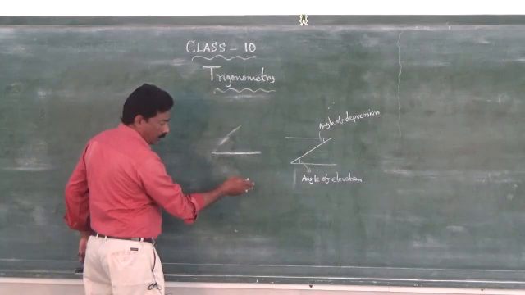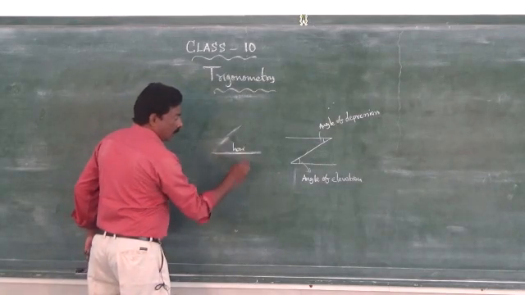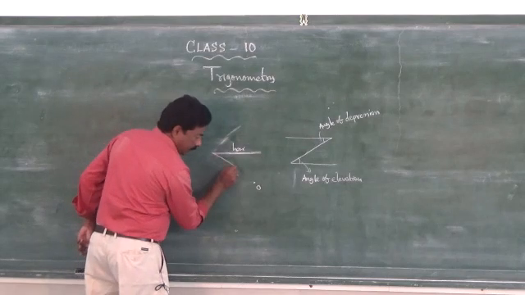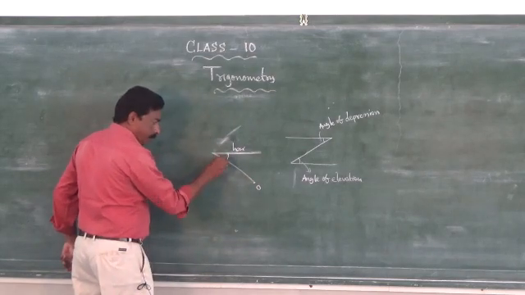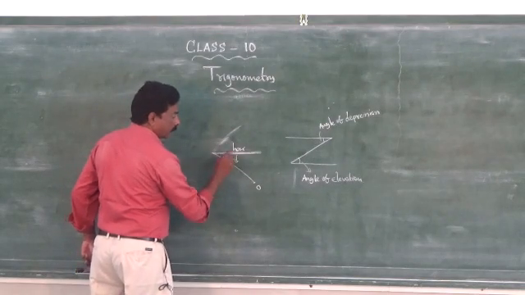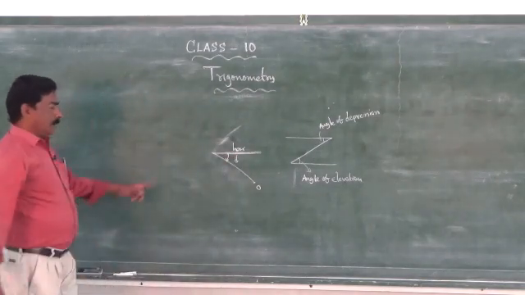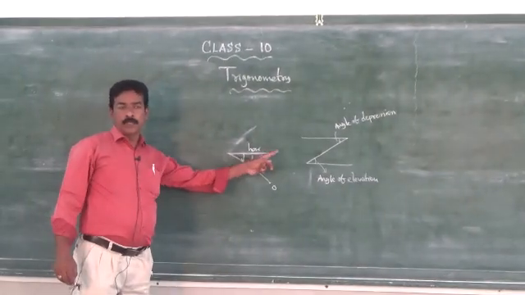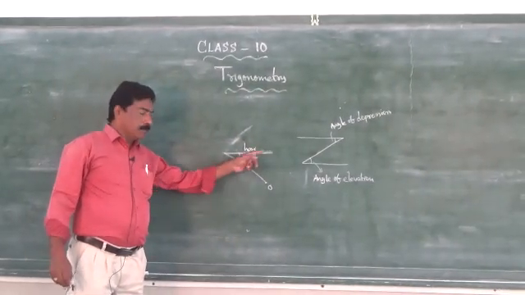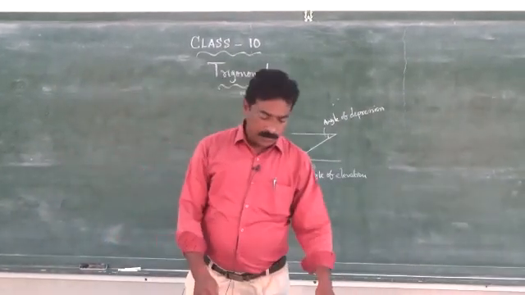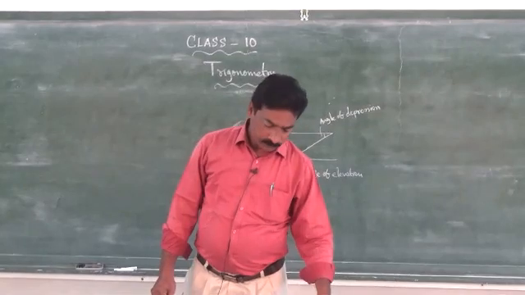When the object is below the horizontal line, suppose the object is here, then the line of sight is this one. The angle made by this line is called angle of depression. So, angle of depression is the angle made by the line of sight with the horizontal when the object is below the horizontal line. Now we will come to some example problems.